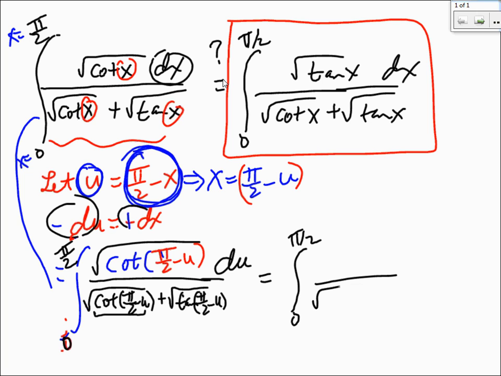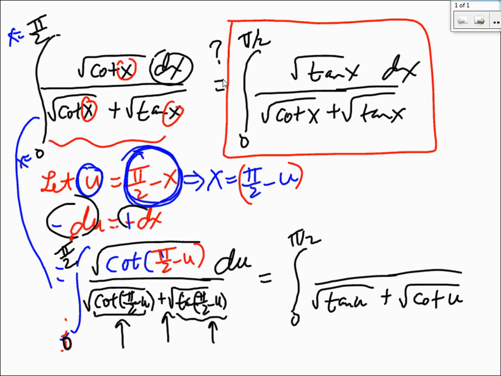What's underneath that square root sign, cotangent of pi over 2 minus u, is tangent of u, plus the square root of tangent of pi over 2 minus u. But since that's pi over 2 minus u, if I look at the cofunction, that is the cotangent of just u. They're equal.